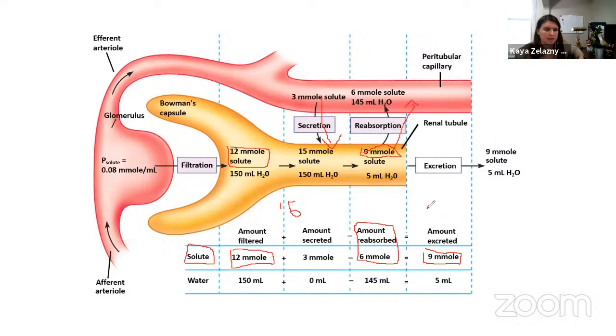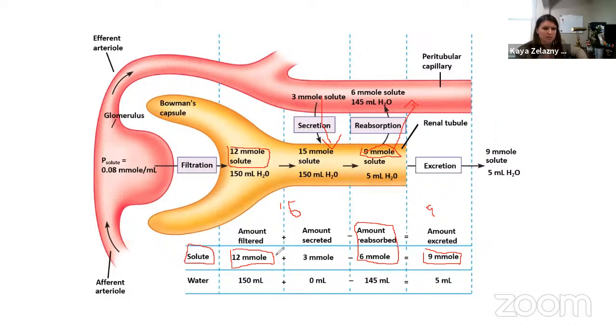That's how we get down to 9. Okay, so that's how we're conceptually moving stuff across. This is not, I will note, in the order it would happen in the nephron. This is in the order of the equation. Usually we're going to see reabsorption happening first and then secretion happening later on in the nephron.